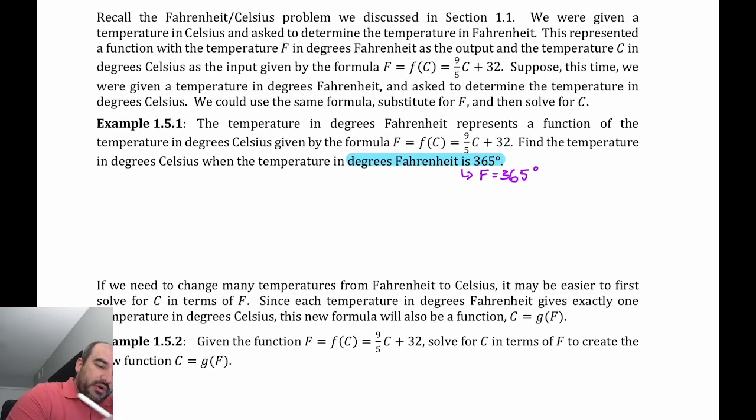Which means we're going to replace F with 365, and then we're asked to find the Celsius equivalent of that. So we would set this up as 365 equals 9 over 5 times C plus 32.